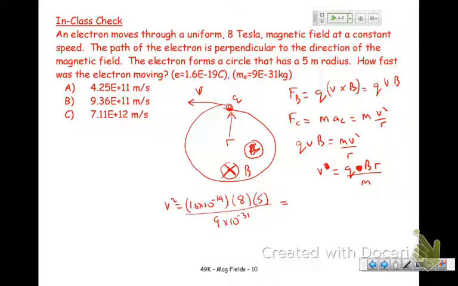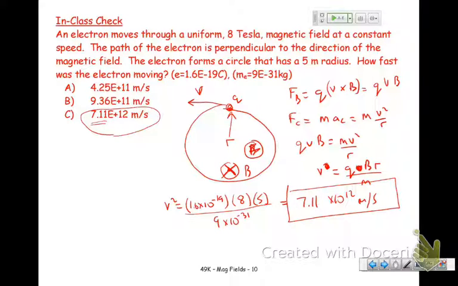Is it 7.11? And it's going to be times 10 to the 12. Yay! How are we doing? Oh, that's only 46 minutes, so I'm fine. Okay, so then it's going to be 7.11 times 10 to the 12 meters per second, put in a box.